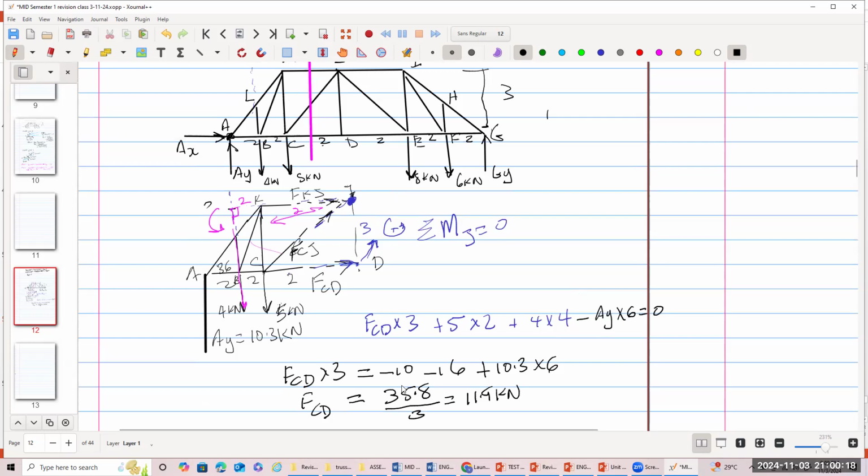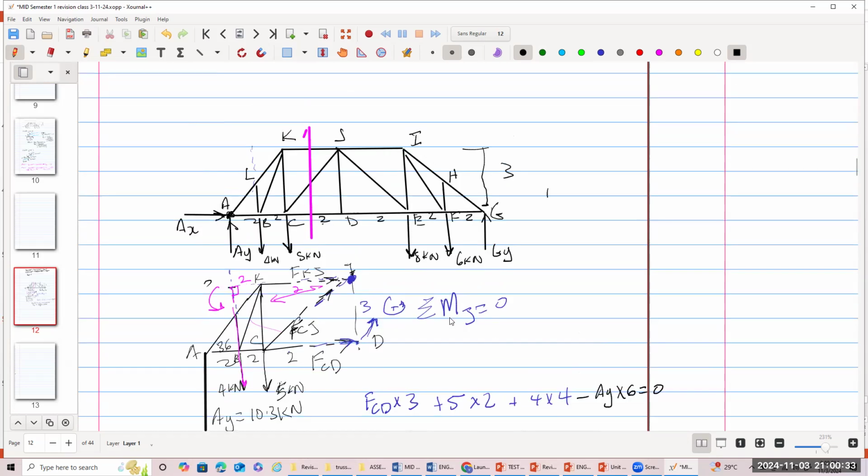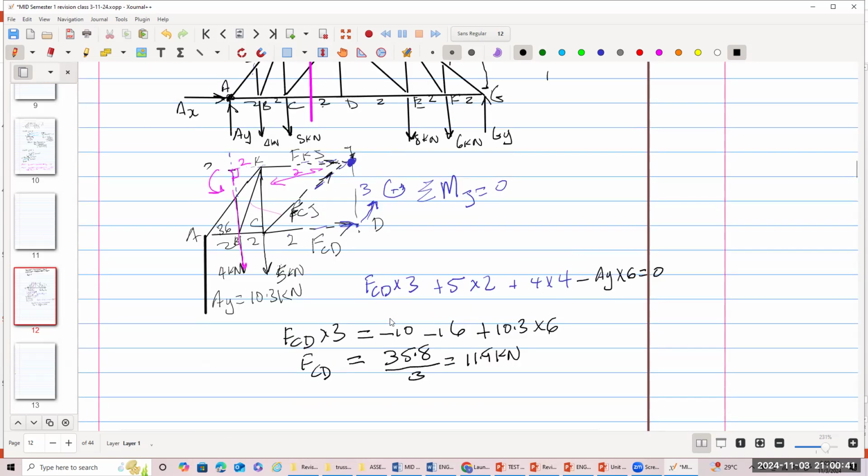So that would have been 26 minus 60 odd, then we get 11.4, once we didn't make any error in terms of sign. So that's from J. Let me just check that distance. How much is that? 6. Yeah, 6 we have.